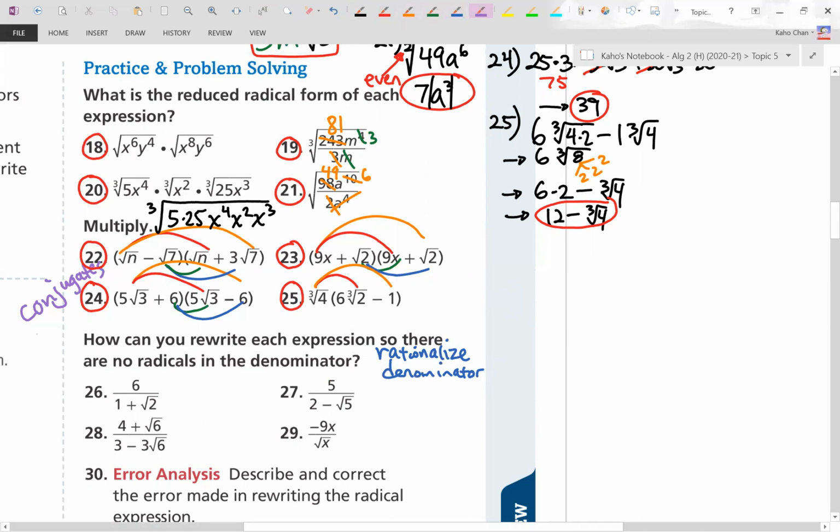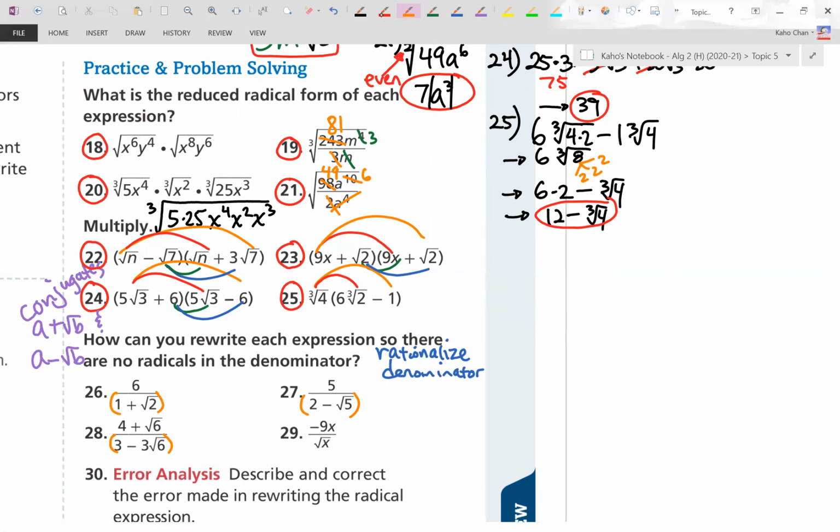Conjugates are A plus root B and A minus root B. That's one way of looking at them, okay? So all these binomials, you just have to multiply by the conjugate, and that will help you with getting rid of the radicals in the denominator.